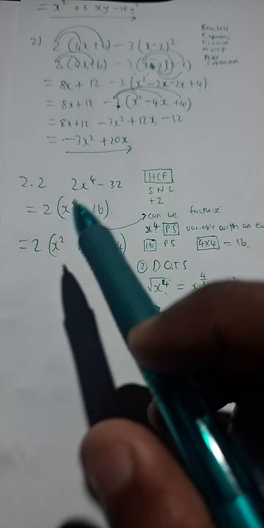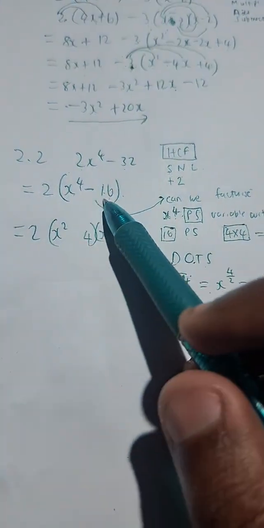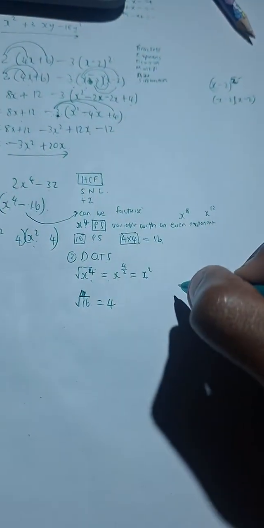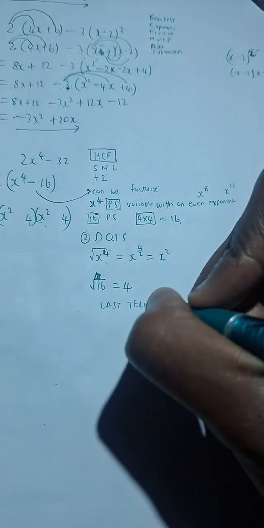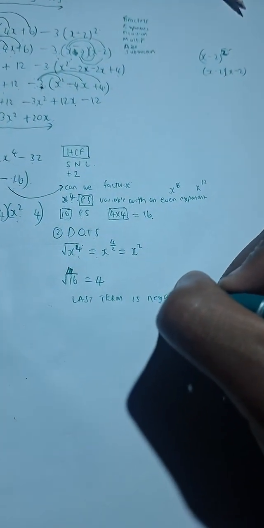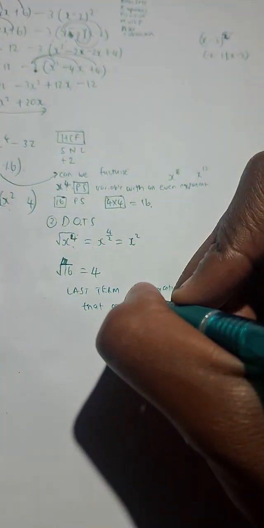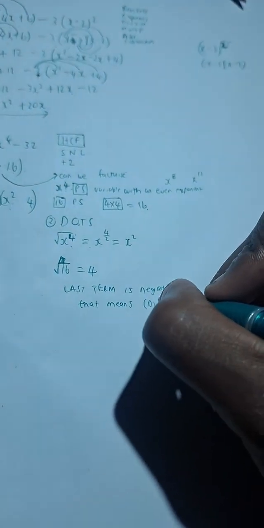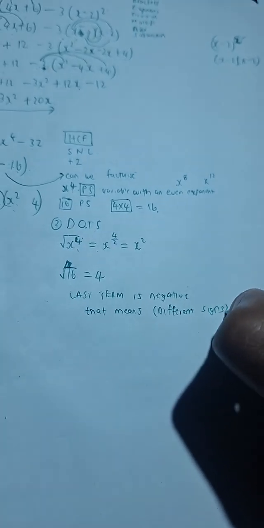Now, inside my bracket, because my last term is negative, this means something. When your last term for difference of 2 squares is negative, that means inside your brackets you are going to have different signs, not the same signs.